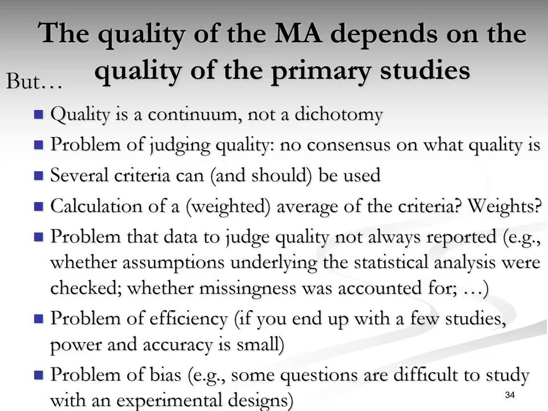So for instance, if you want to test whether smoking results in an increased probability of lung cancer, you cannot use an experimental design in the sense that you cannot say to one group of people that is randomly selected, from now on you have to smoke 1 package a day, and to another group that is also randomly selected, now you cannot smoke anymore for 2 years.